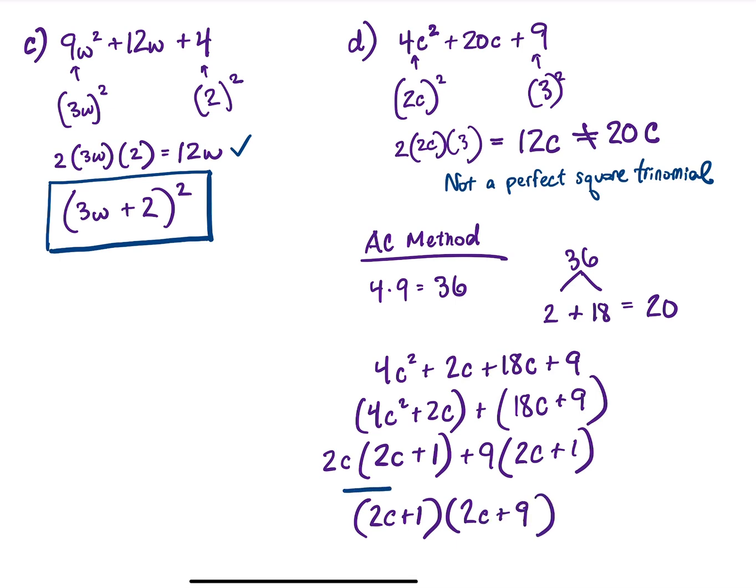So this didn't factor into a perfect square where we end up with some squared factor, like 2c plus 1 squared. We have two different factors. So this pattern won't work every time. Sometimes you'll have examples that won't factor in this way. But if we can recognize this pattern, it makes the process a little bit shorter.